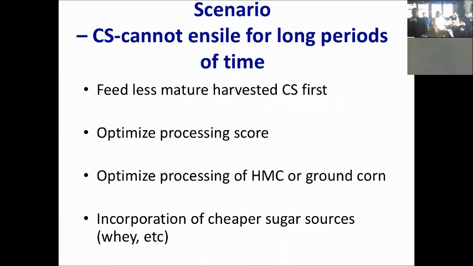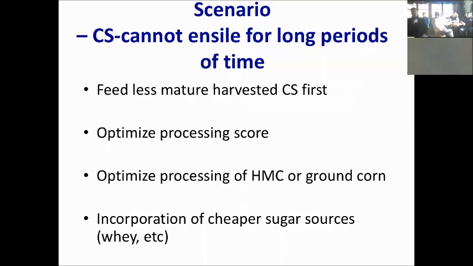I would also definitely make sure that you have optimized your processing score at harvest. This is definitely something that you cannot afford to not test until 2 or 3 months later. This should be tested and optimized at the time of harvest so that you know your CSPS is where it needs to be. Same thing for high moisture corn and ground corn. And then of course, also look at the incorporation of sugar sources.